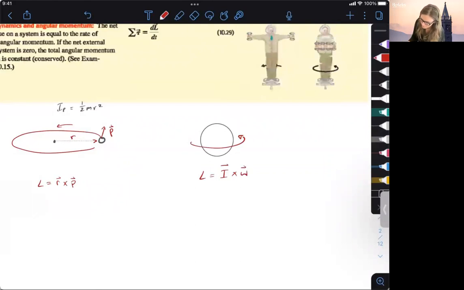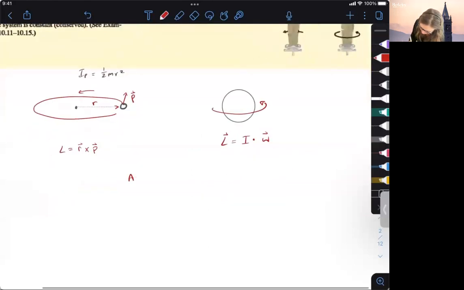And like we talked about before with the cross product, if we're given a vector for W, we can figure that one out as well. So this is actually just multiplied, sorry to confuse you guys. Okay, so this is angular momentum.